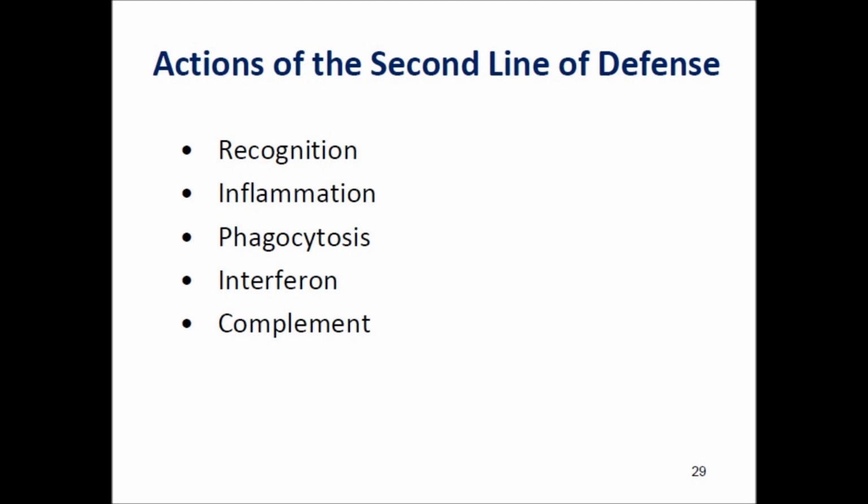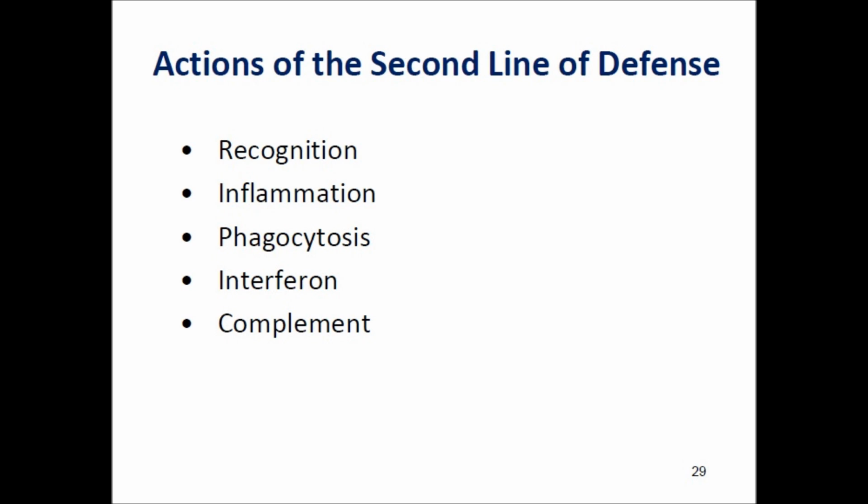The reticuloendothelial system, those are areas where a lot of the immune cells, the white blood cells, are located, and then the extracellular areas where a lot of those are also located to take care of microbes.